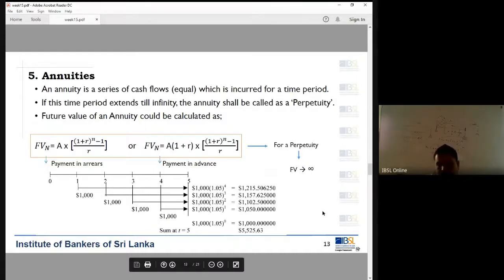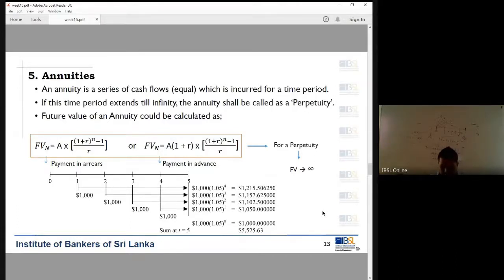If you look at this example of 1000 rupees, if I take my calculator, 1000 is going to be 1000. 1 plus r in this example is going to be 1.05 to the power of, n is equal to, sorry, 4. What we see is 4 reinvestments, minus 1, divided by 0.05, multiplied by 1000, is going to give me a value of 5525.